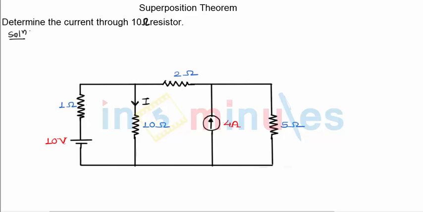Obviously, you can always simplify the circuits by using series parallel combination of resistors, star delta transformation, source transformation, etc. You can apply the potential division rule and current division rule, and sometimes you may bring the original circuit down to a very simple circuit of a single resistance and single source, and you can find the value simply by using Ohm's law.